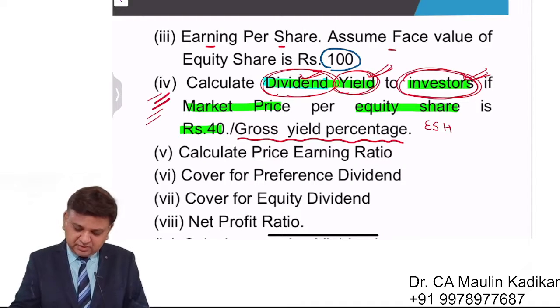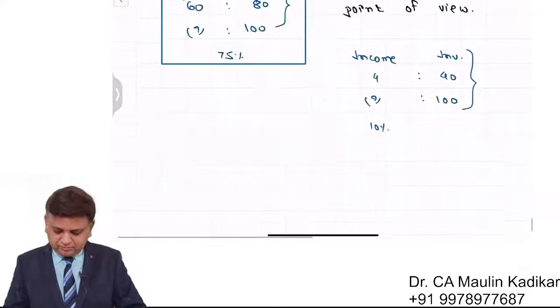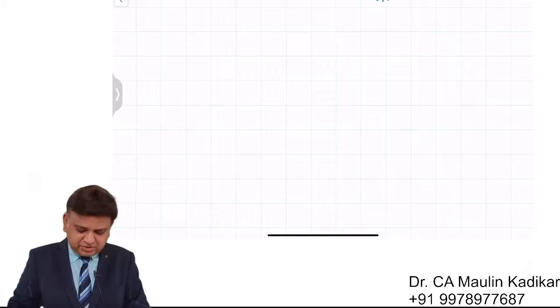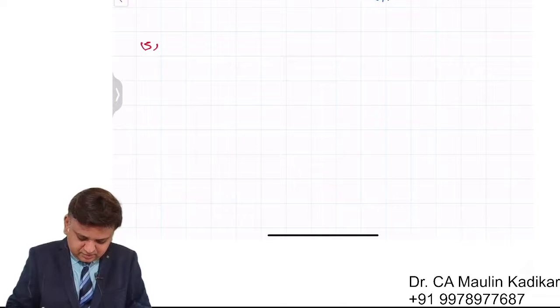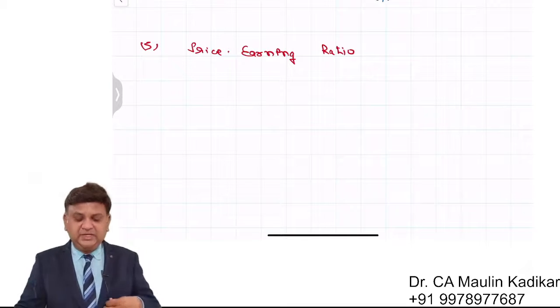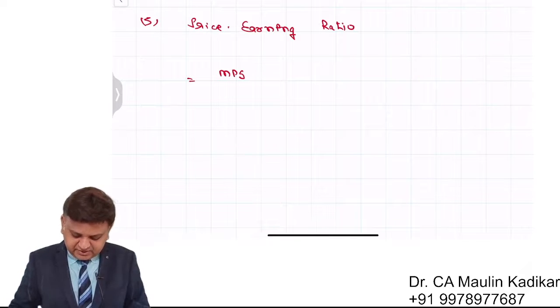Next question. Calculate price earning ratio. So write down the answer for the next question, question number 5. Price earning ratio is calculated as MPS upon EPS.